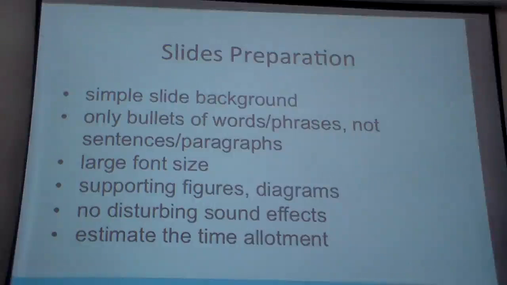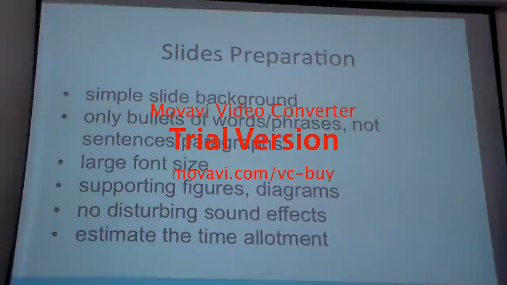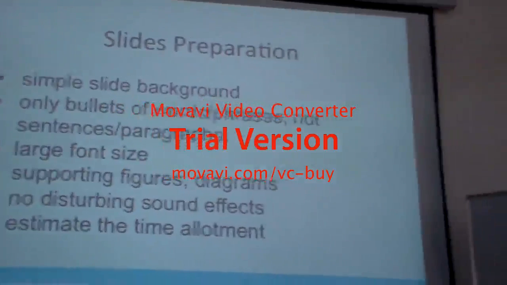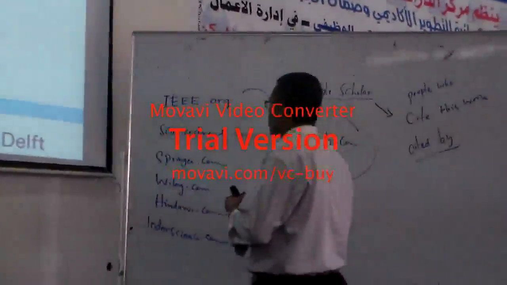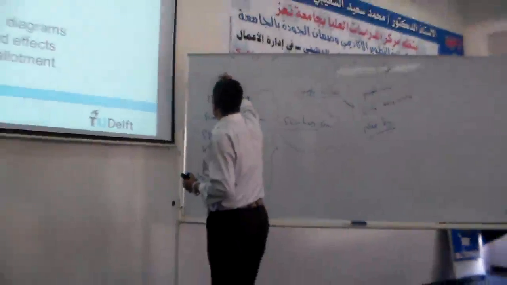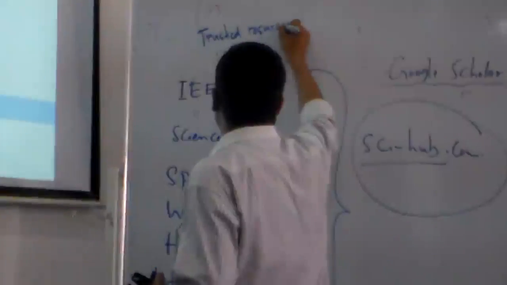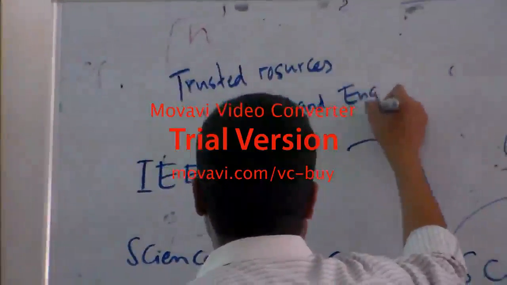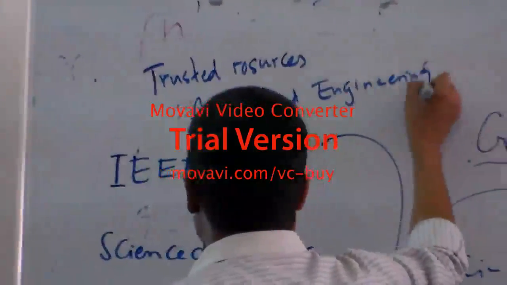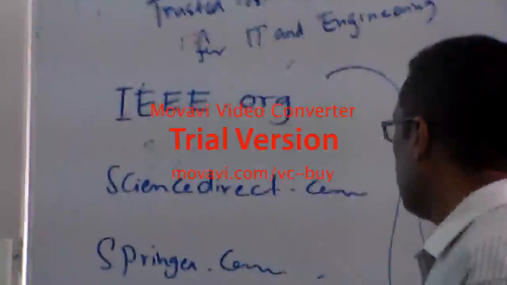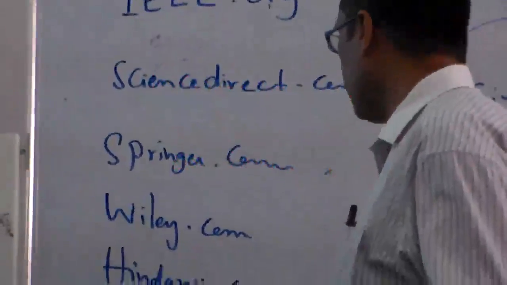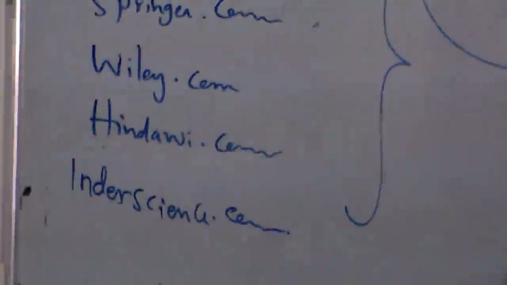Okay. Before we talk about reporting the literature review, I will just show you these sites that are trusted resources for IT and engineering research: IEEE.org, ScienceDirect.com, Springer, Wiley, Wiley InterScience, and a lot.